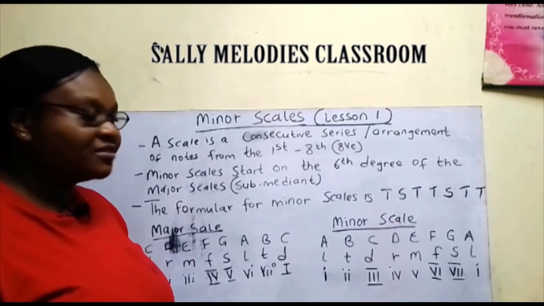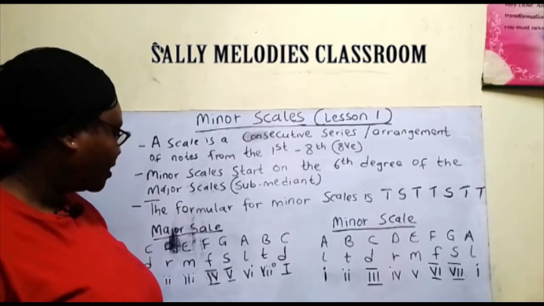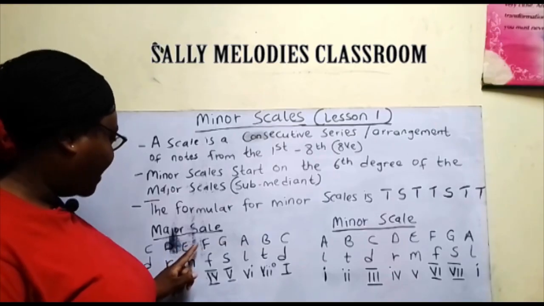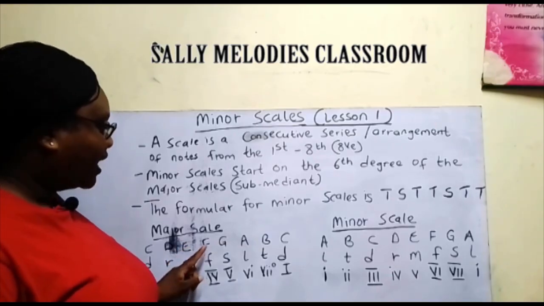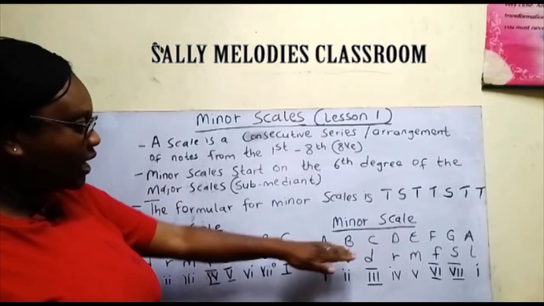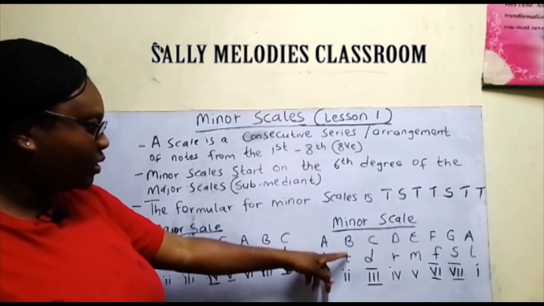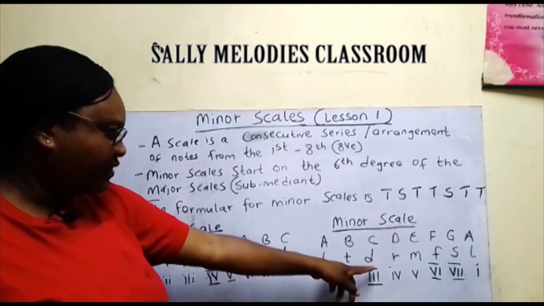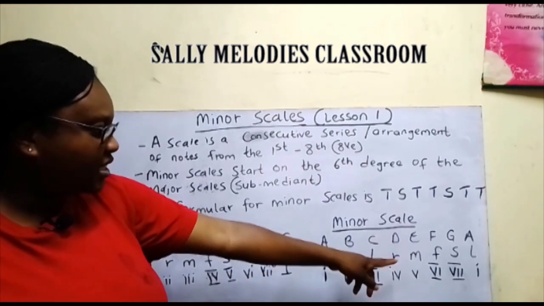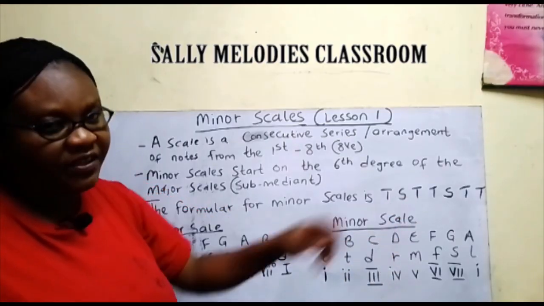In the major scales, we always have our semitone between the third and the fourth, and the seventh and the eighth. But when we come to the minor scale, the semitone comes in between the second and the third, and it also comes in between the seventh and the eighth.